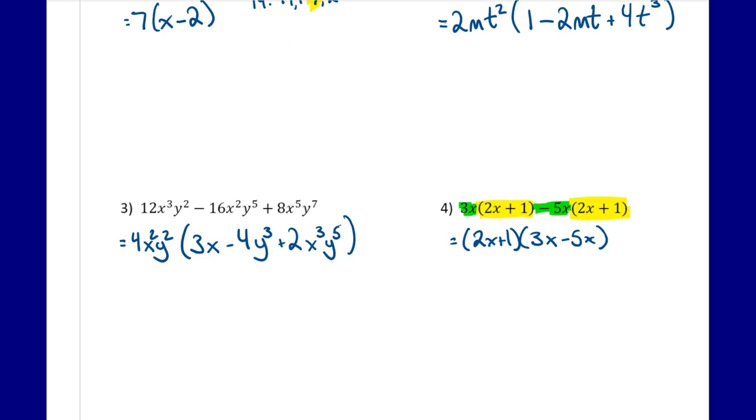And again, you could even work backwards and simplify this a bit further. 2x plus 1 times negative 2x, just simplifying that a little bit further based on what we know.